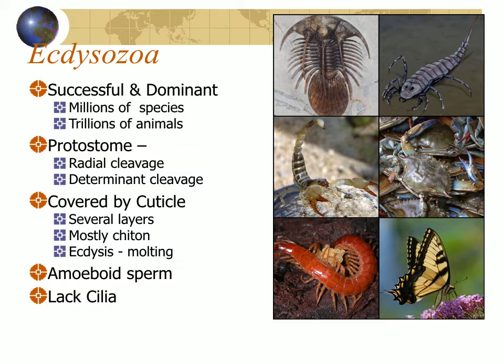Their unique feature is that they have this outer cuticle that occurs in several layers and includes chitin, a complex polysaccharide with some proteins in it. And this forms an external skeleton that must be shed when they grow. So the process of ecdysis. They lack cilia as a group and have amoeboid sperm, so they're kind of interesting that way.